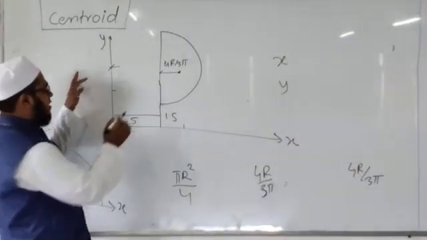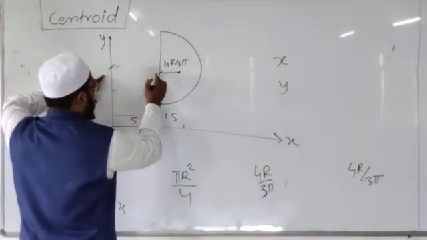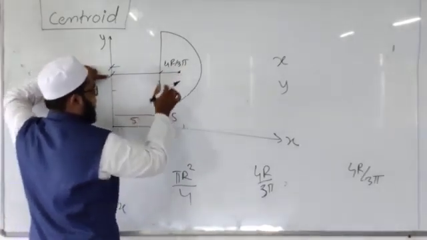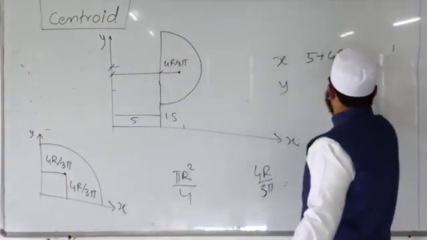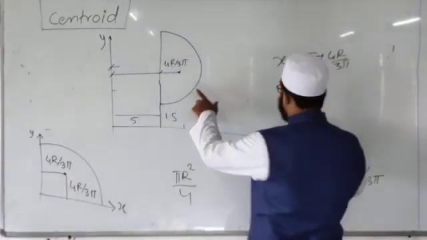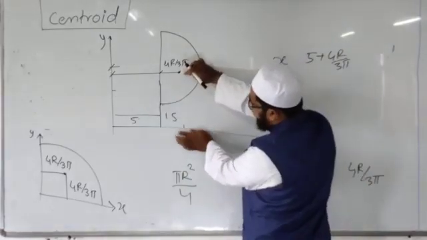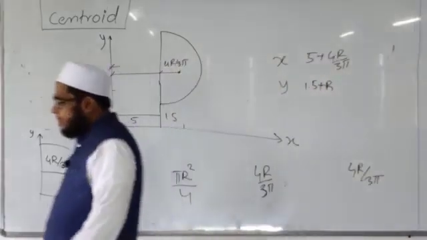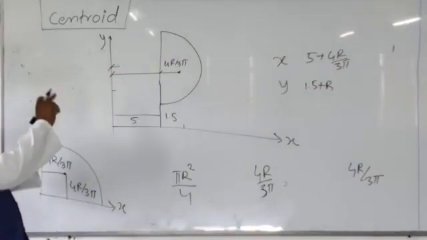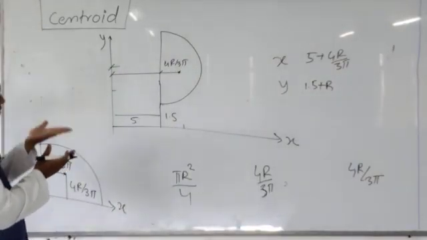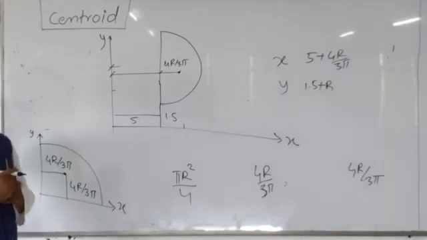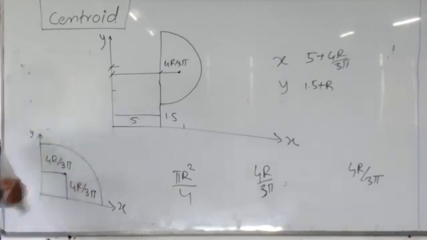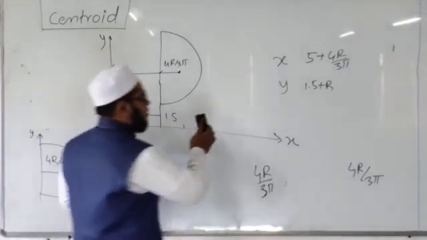So if I have to calculate x, I require the total distance from this y axis. This is 5, so 5 plus 4r by 3 pi. And for y, I require this distance from the x axis, so 1.5 plus r. Like this. Depending upon the position of the standard figures and the position of the reference axis, we have to measure the coordinates of the centroid.